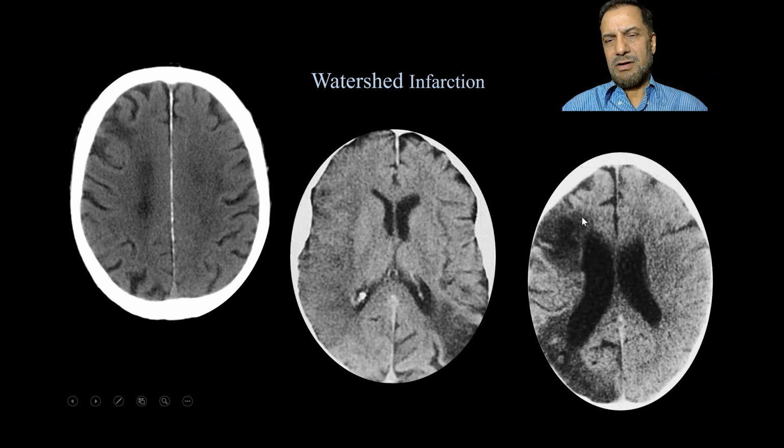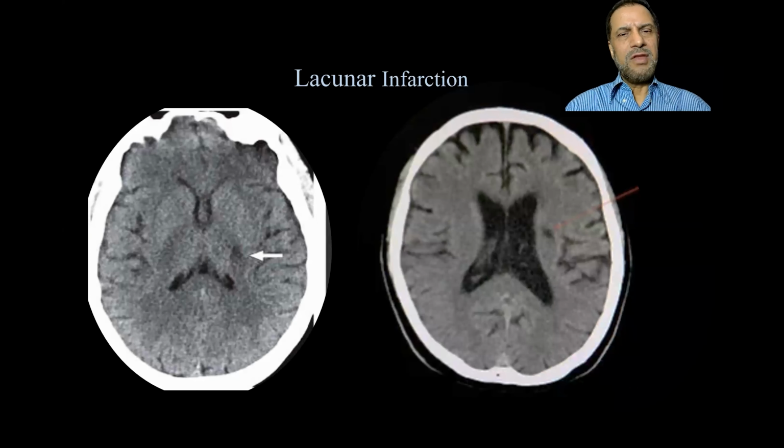Again, this one has got ACA, MCA watershed, as well as MCA, PCA watershed infarction. Most of the time, in watershed infarction there's some structural narrowing of the vessels, and you need to do angiography to identify it. These patients are many times surgically treatable and should not be ignored.